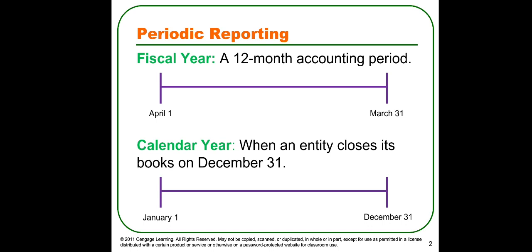If you start a business on 1st of February, then you have to close your account next year on 31st of January. If you start your business on 1st of May this year, then next year you have to close your account on 30th of April.